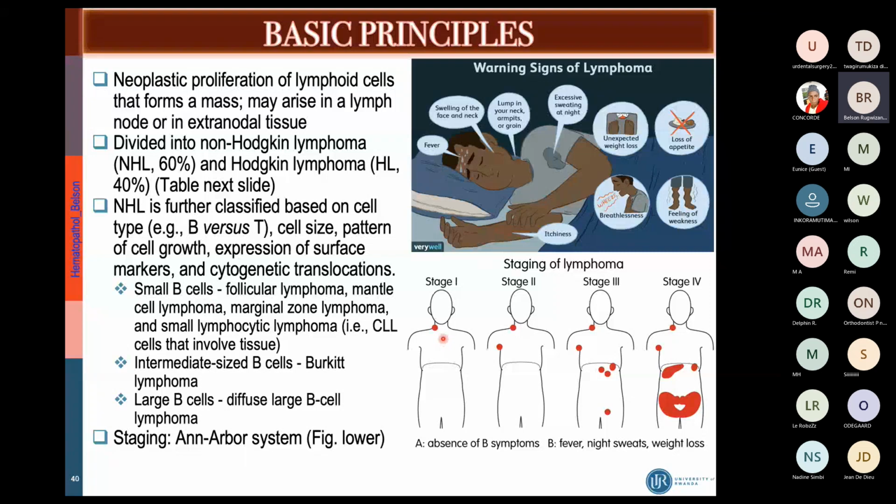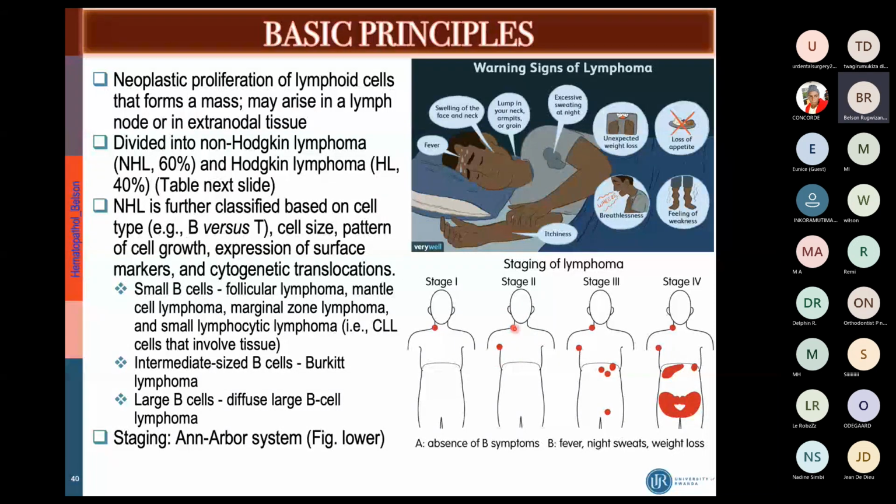When a patient has a lymphoma in one location, in one lymph node or lymph nodes clustered together in one place, then it is stage 1, whether it is big or small. It becomes stage 2 when it involves more than one region, two, three, or four, but on one side of the diaphragm.